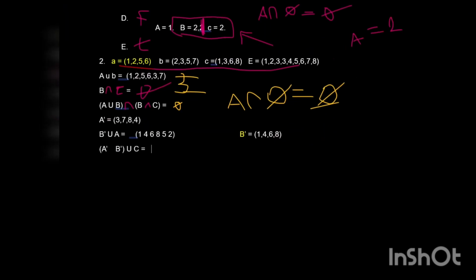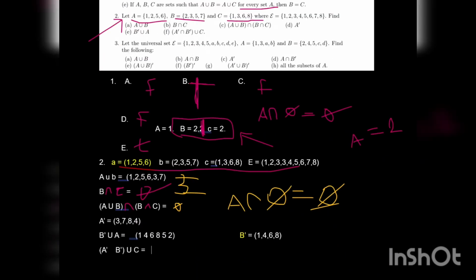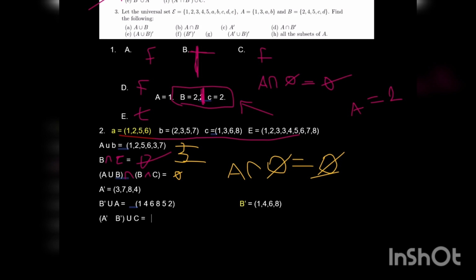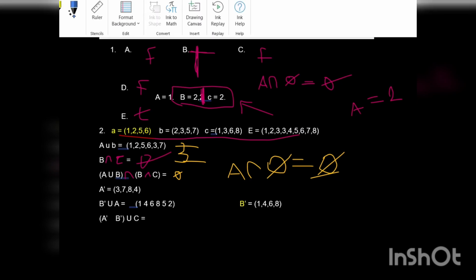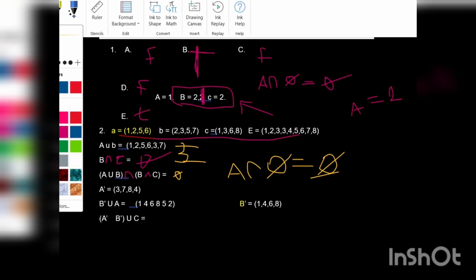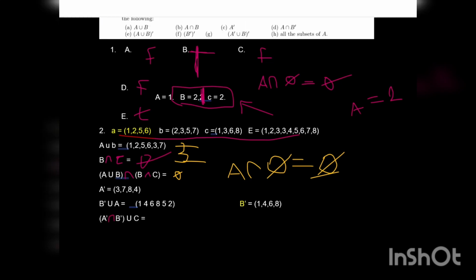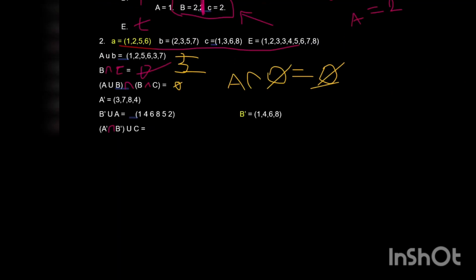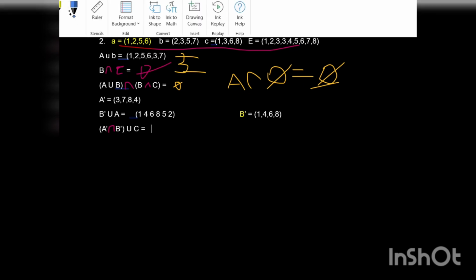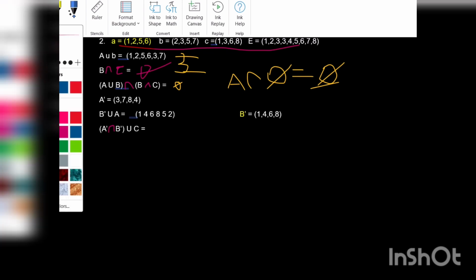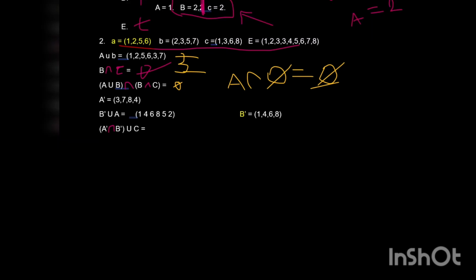Then, what is it? It's the intersection of not A and not B, then a union with C. If we look at not A, we have this, and not B, we have this.